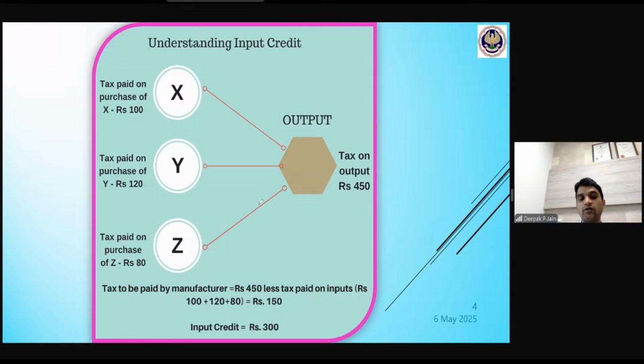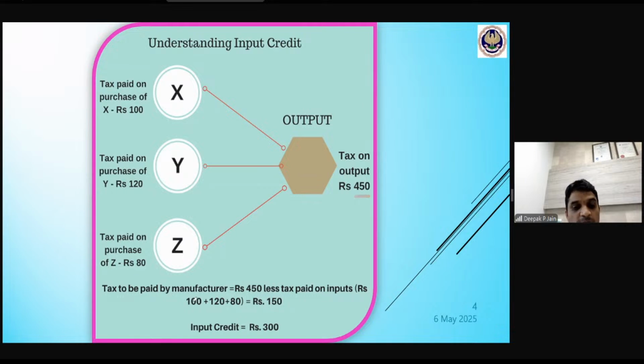Now, this credit you can utilize for payment of your output tax. On the mixture of these three products, you got credit of 300 rupees. Now you're selling a product on which you have done some process, so your value is increased. So your tax payable on this is 450 rupees.